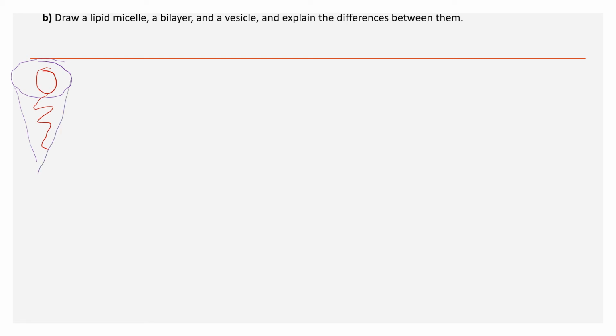So it looks like a wedge. Okay, that's the shape. And when a lot of them aggregate together, the way that they look is something like this. So this will be the center. And then you'll have a lot of the little tails coming out. And then you'll have the head groups.